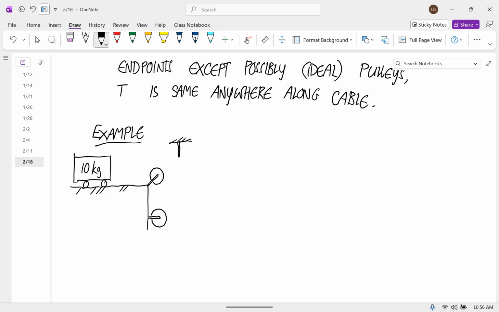And a pulley up here on the ceiling. They're supposed to be round. And this cable goes like, whoops, I did that one wrong.